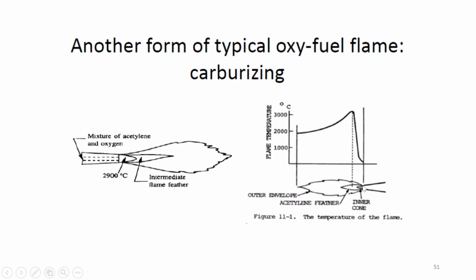At the inner cone, the temperature keeps on increasing up to its highest, then it reduces again for the outer envelope, and the middle part has the acetylene feather with the highest temperature, around 3000 degrees Celsius.